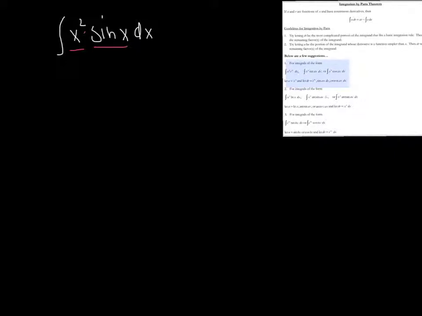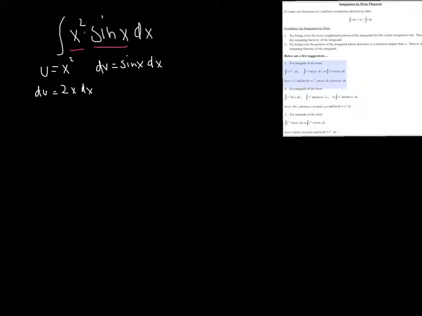So it tells us that normally it's good to let u equal the x part and dv equal the other part. So we'll follow that example. So u we're going to let equal x squared, and dv we're going to let equal sine of x dx. And we're going to take the derivative of u, which is going to give us 2x dx.